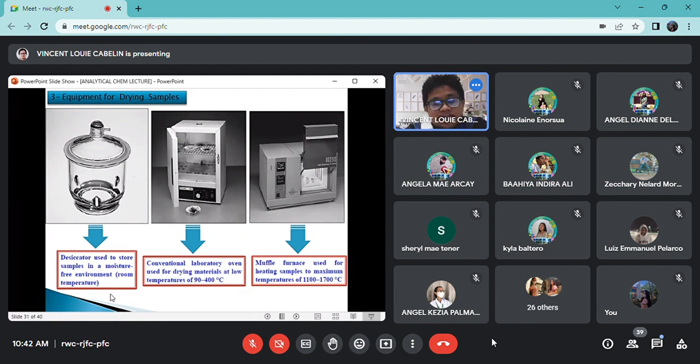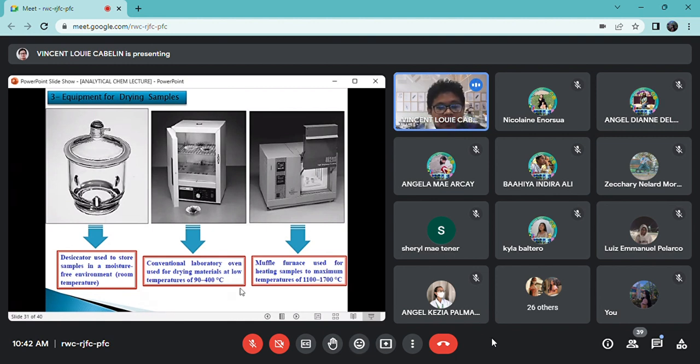Okay? And you want your salt to always be dry. You could put it inside the desiccator because inside the desiccator, it's under vacuum, so the moisture will always be sucked out. So you could store your samples always dry.